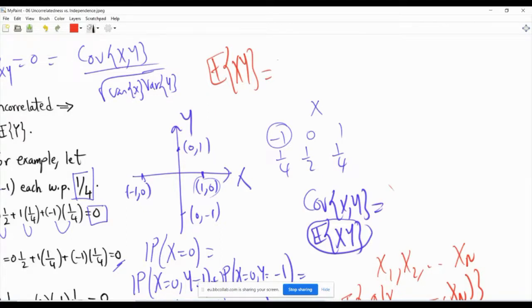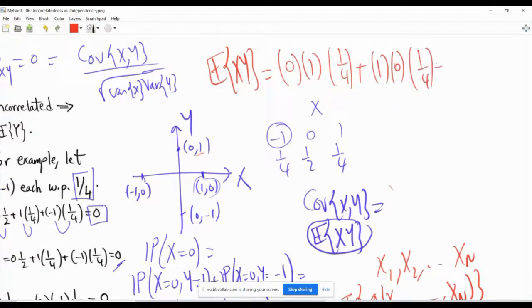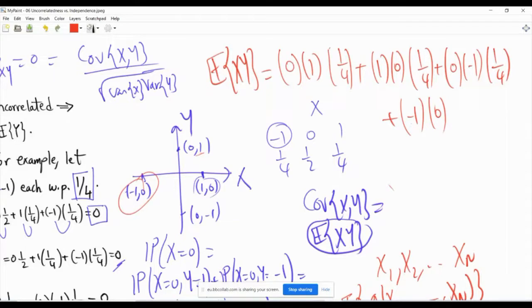So this will be 0 and 1, which is this point, multiplied by its probability, which is 1/4, plus 1, 0, multiplied by its probability, which is 1/4, plus 0, minus 1, multiplied by the probability, which is 1/4, plus x here is minus 1 and y here is 0. You take x and y, multiply them together, and the probability is 1/4. Each one of those terms has a 0, so this thing will be 0.